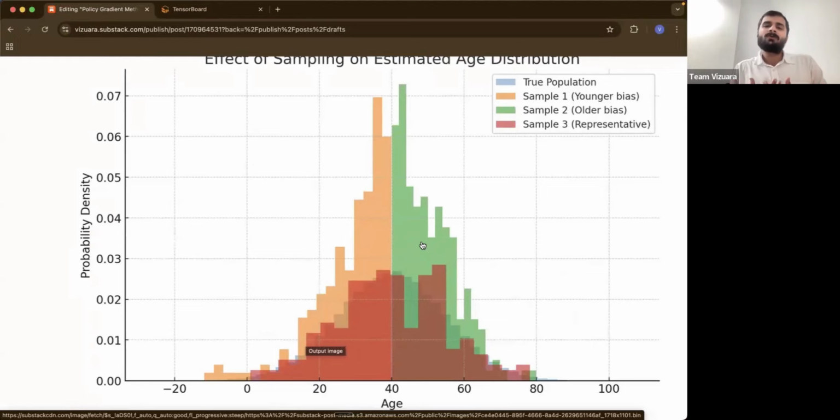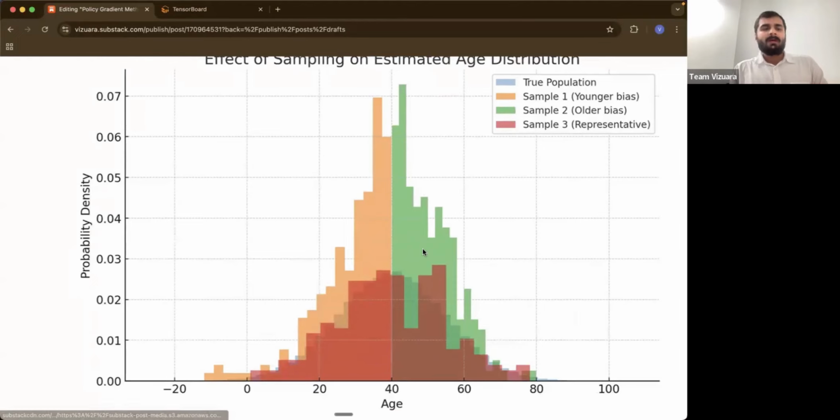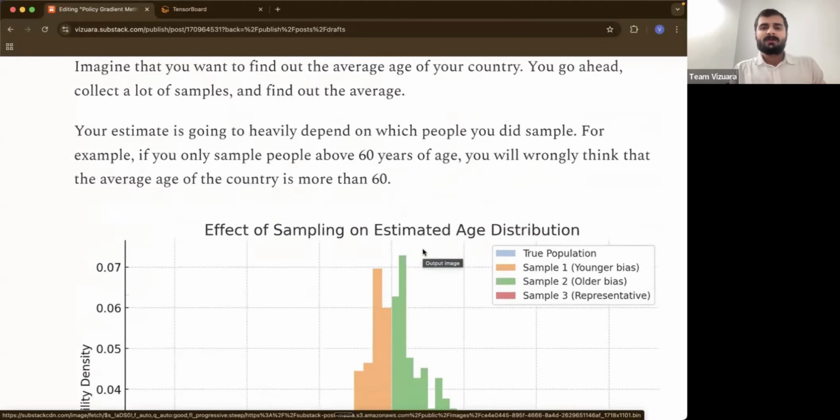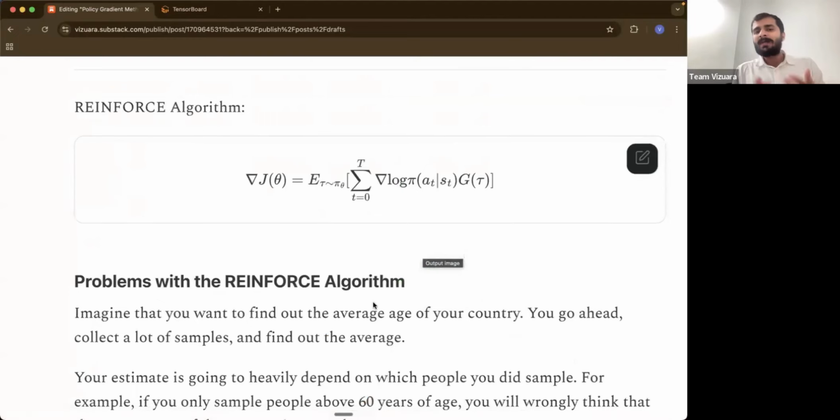They are not giving you the actual true distribution. Here also we are sampling so many times, but if there are 1,000 trajectories and we only sample 20 or 30 of them, every time I sample one trajectory my variance goes on increasing, right? I'm not converging to a value. And that is one of the main issues with the REINFORCE algorithm.